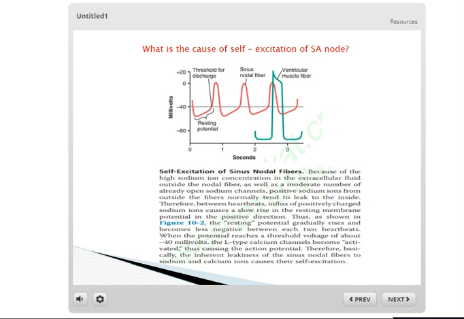The funny current, also known as the pacemaker current, is a depolarizing current that flows through a specific type of ion channel called the hyperpolarization-activated cyclic nucleotide-gated, or HCN, channels in the SA node.